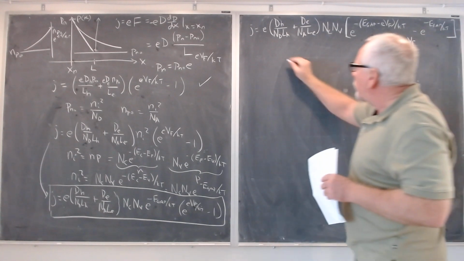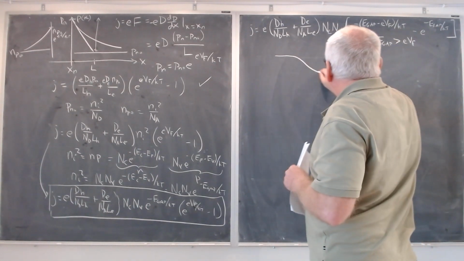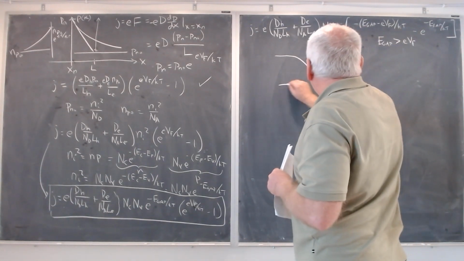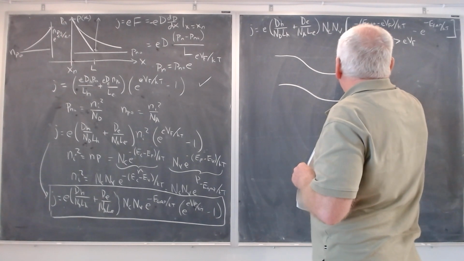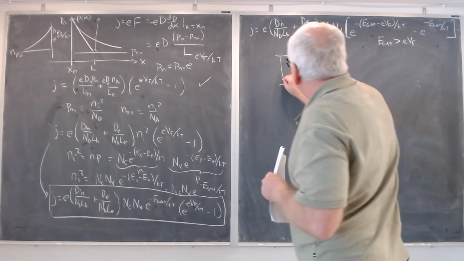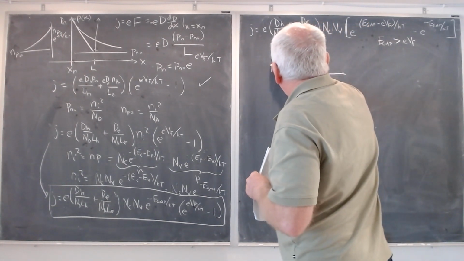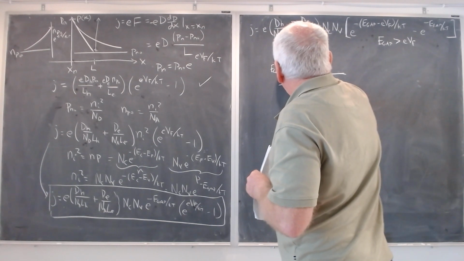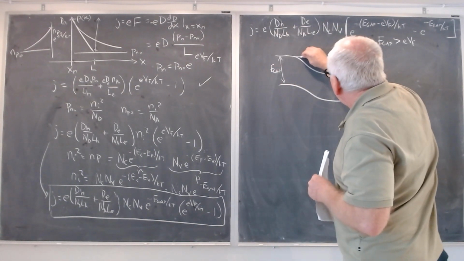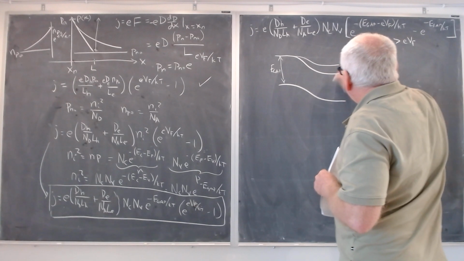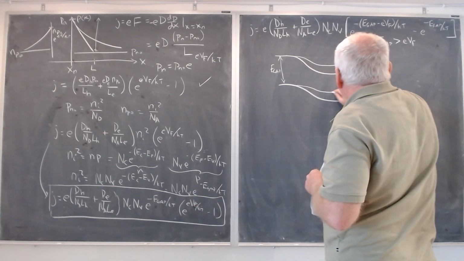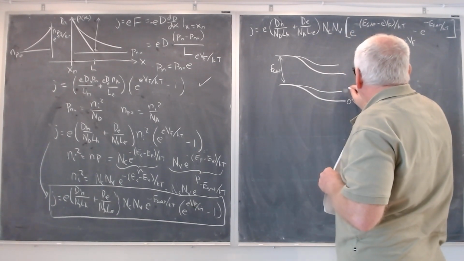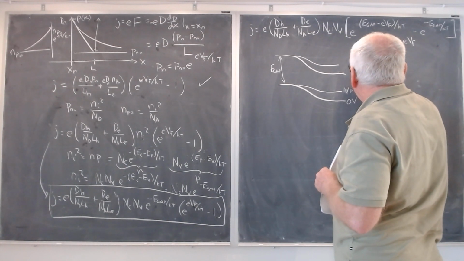And you can see that from drawing it, right? This is E gap. Now remember, EVF, so this is at zero bias, and this is VF.